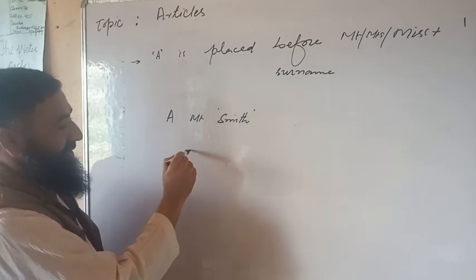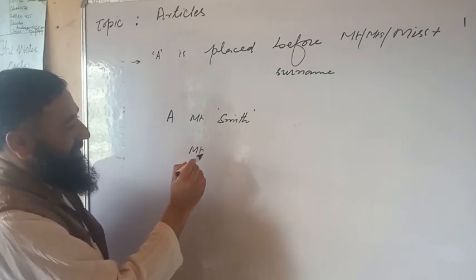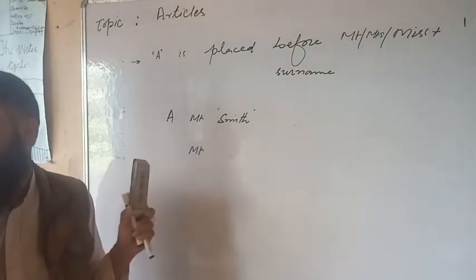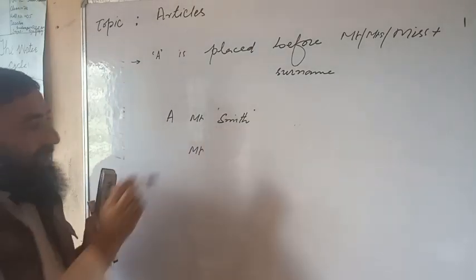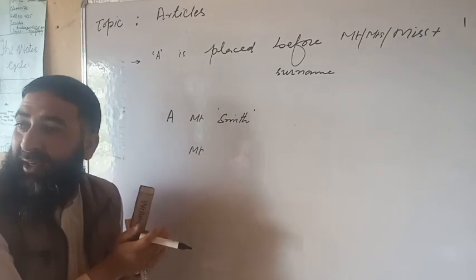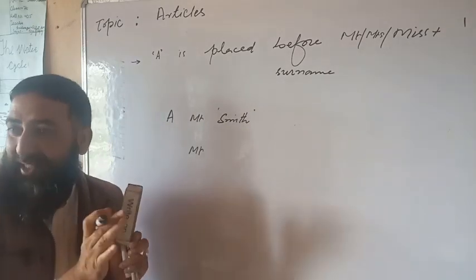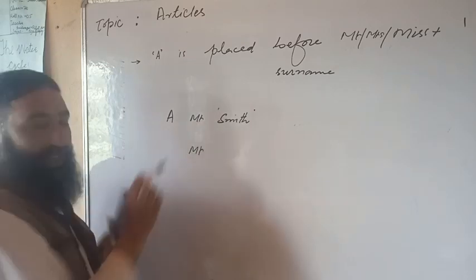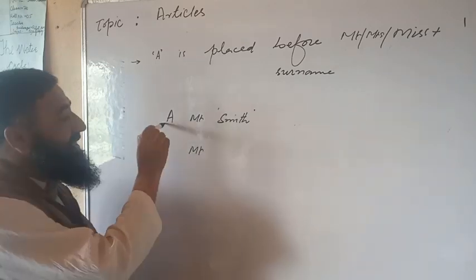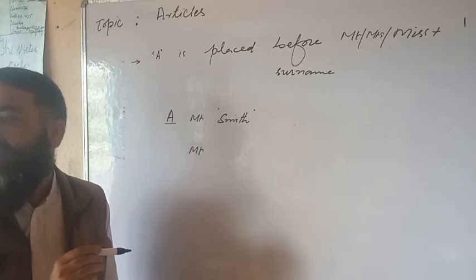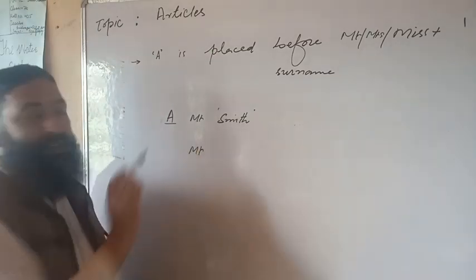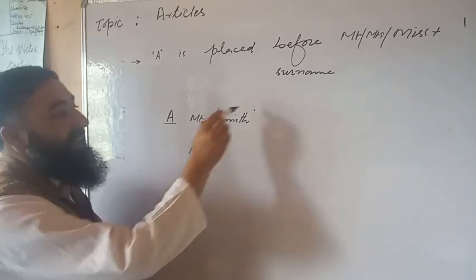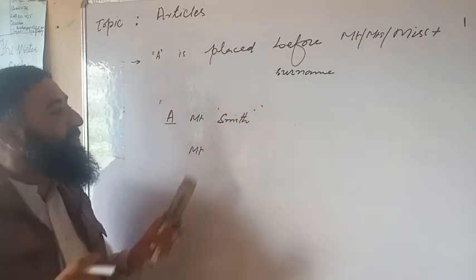If it is only Mr, then it will take no article before it. Remember it. If this Mr is followed by a surname, family name, your caste, then it will take the indefinite article a. When you say a Mr. Smith, it means the speaker does not know Mr. Smith.